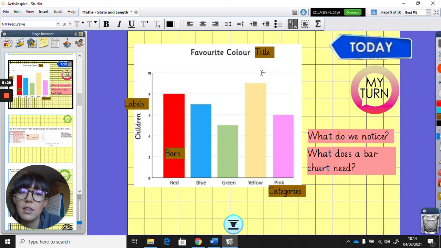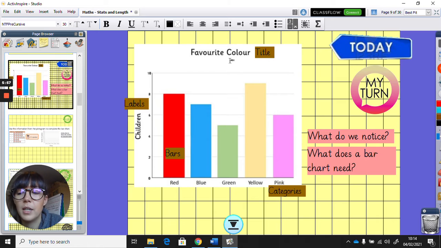At the top of the bar chart, it tells you a title, what the bar chart is showing you. Sometimes they tell you exactly what it's going to show. They haven't done that here, okay? They've just written favourite colour. That does tell us a little bit about what the bar chart is showing us, but it's not that specific. It's quite broad, okay?